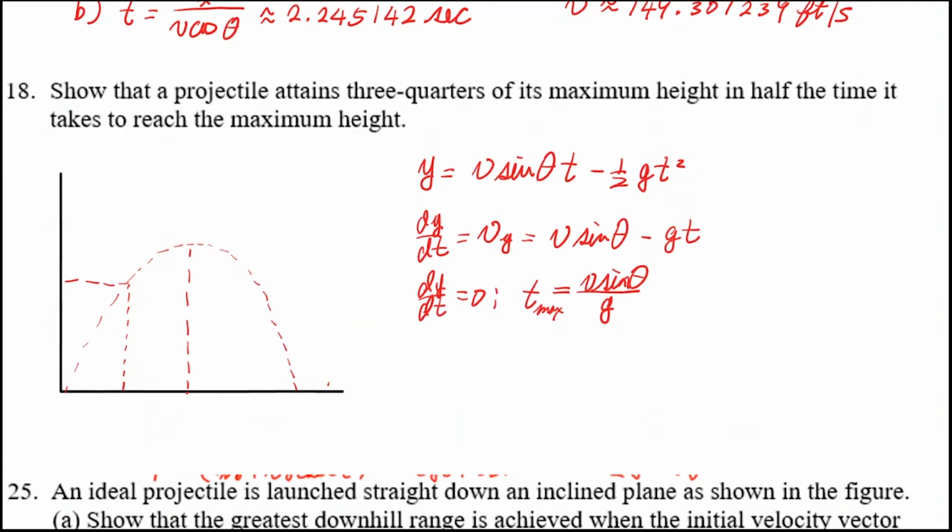Okay? Because this thing says half of the time it reaches the maximum. So if we take half of this and plug it back here, then we compare it with the maximum height. You know what I'm saying? Okay, so let's do that.